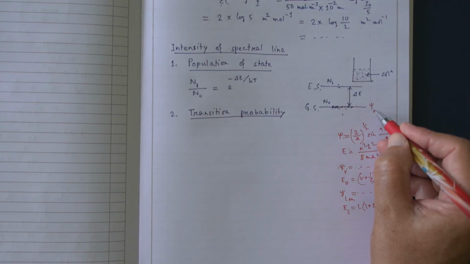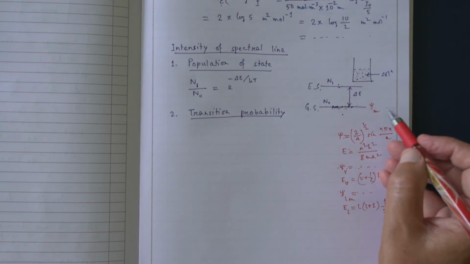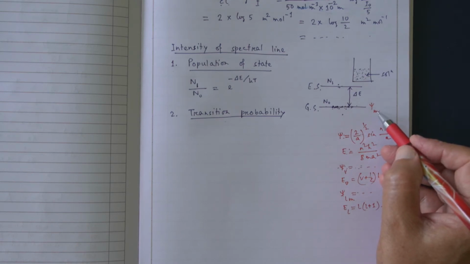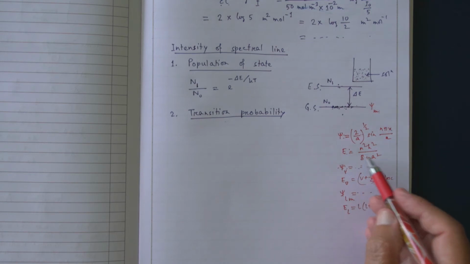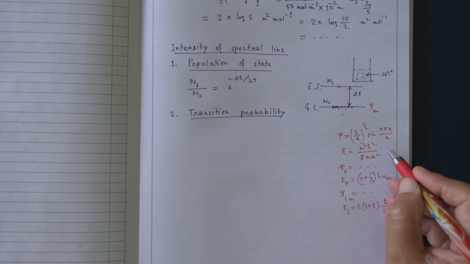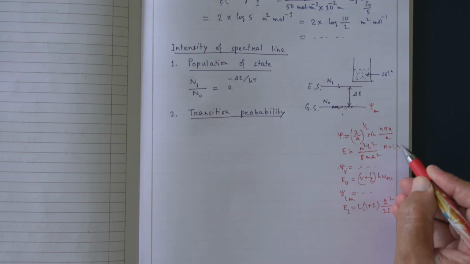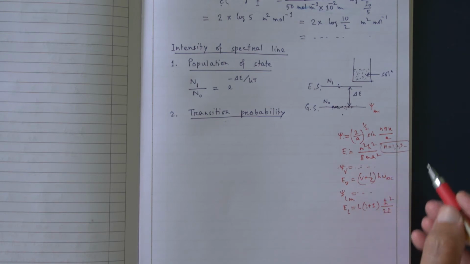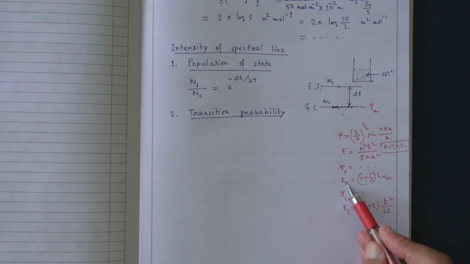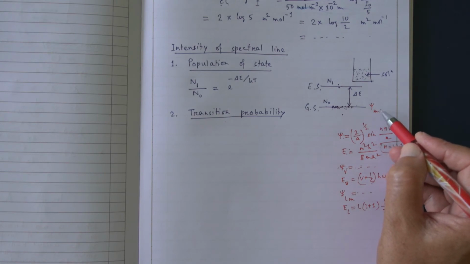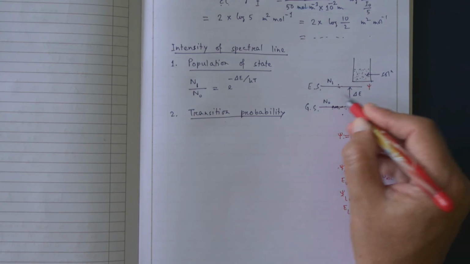Let me call it psi m, where m is the quantum number. Here what is the quantum number? The quantum number is n. And what are the values of n? Values of n may be 1, 2, 3 and so on. Here v is the quantum number. What are its values? 0, 1, 2, 3, etc. Similarly, L and M are quantum numbers. So m is the quantum number, and this is a state.